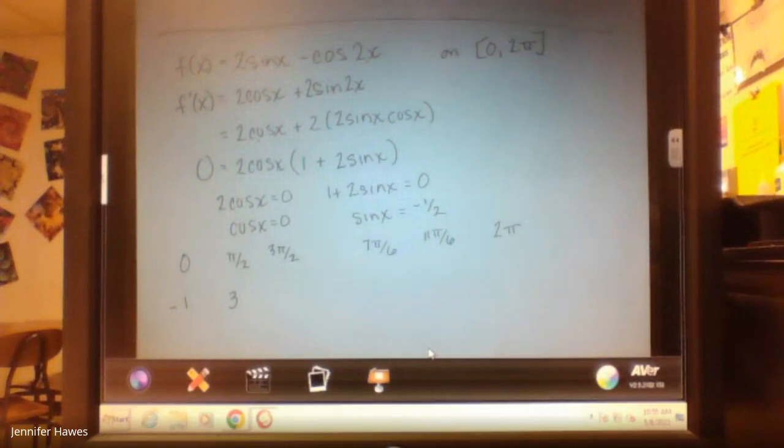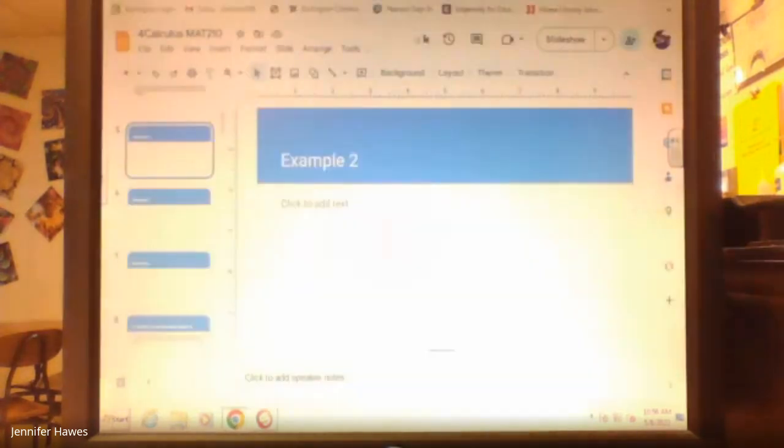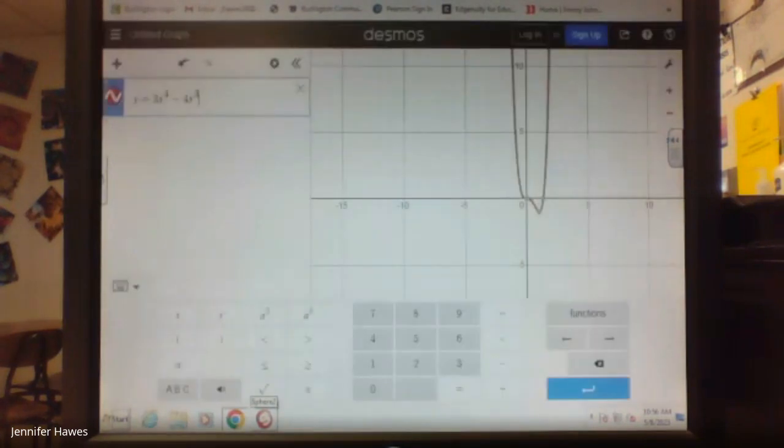Calculators. Well, on that one, especially when they give you something like, can you show us what this graph looks like? Let's go back out here.